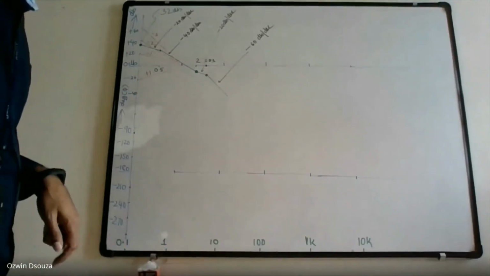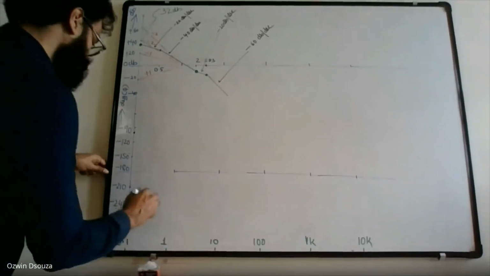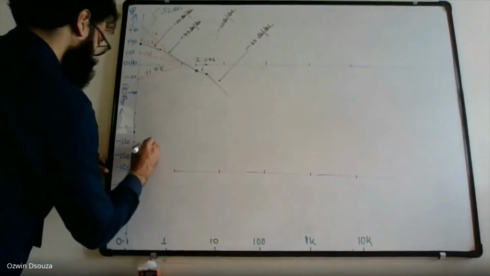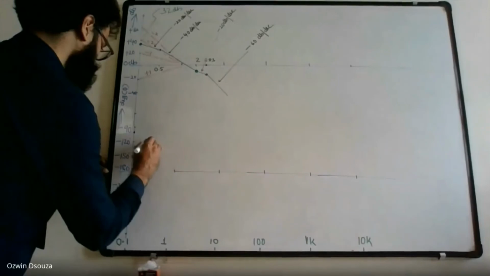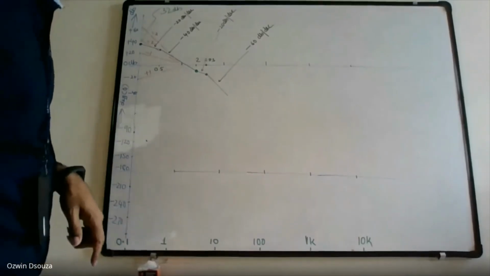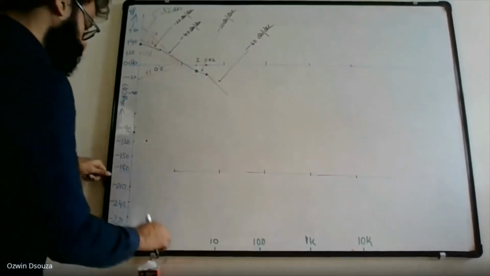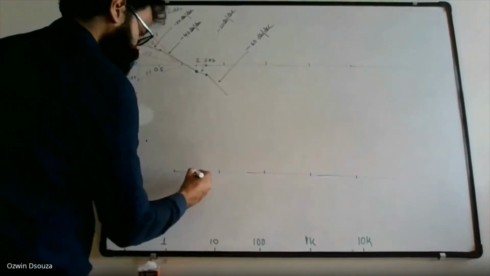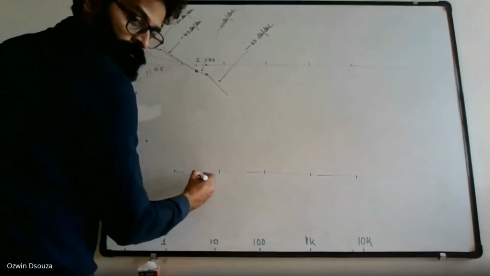And then at 0.5 we have 122 degrees. So 0.5 is exactly half of this. 122. And then at 2 minus 130.